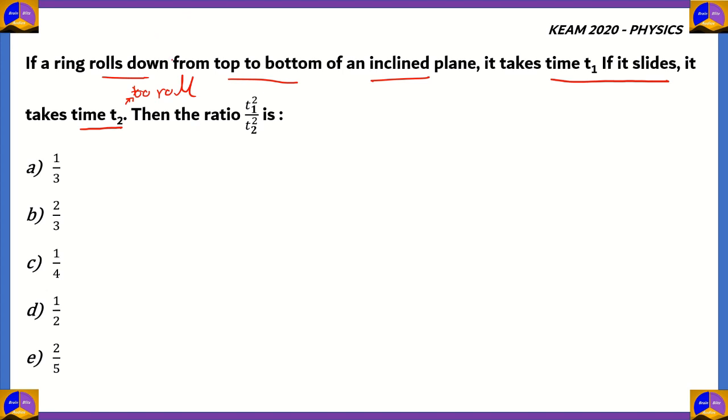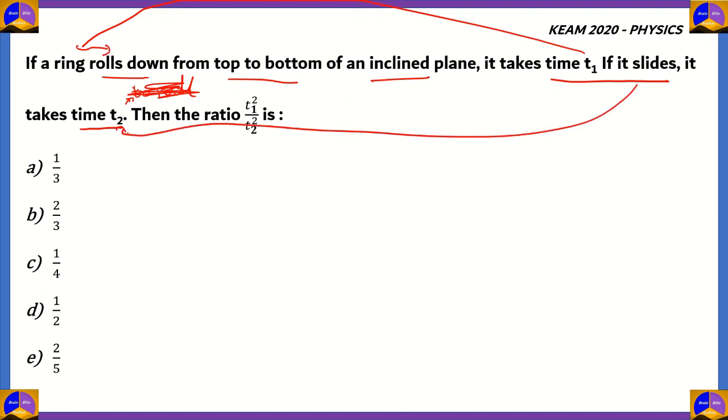Alright, so in this particular question, T1 is the time taken to roll, and T2 is the time taken to slide. So therefore, the ratio here is T2 squared divided by T1 squared.